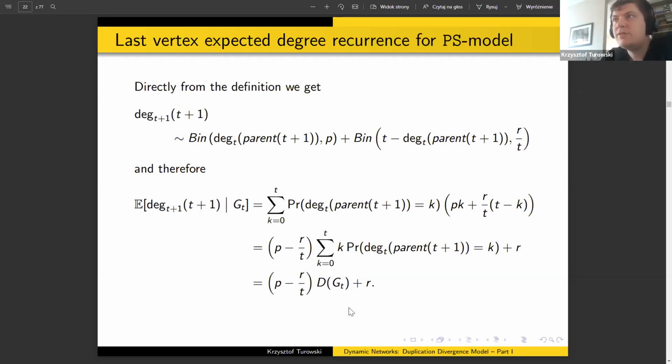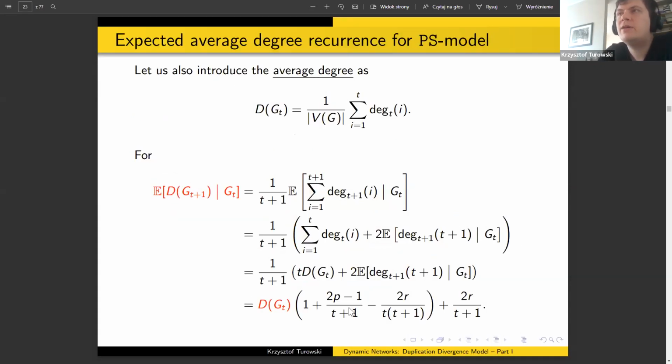Okay, so we need the average degree defined as follows, and we also would like to find its recurrence. Here it's much easier. By definition, to find the expected value of the average degree at time t+1, we go straight from the definition.